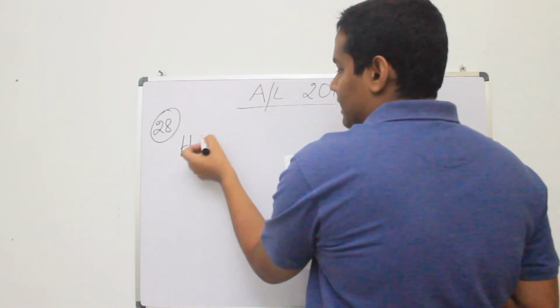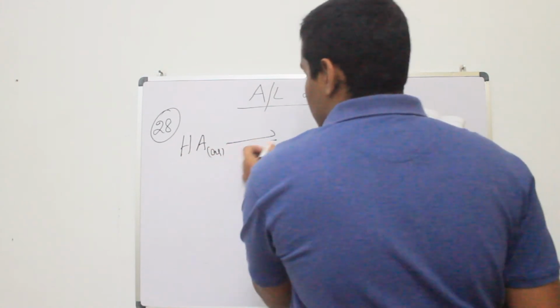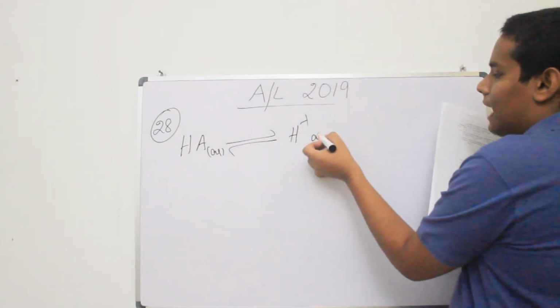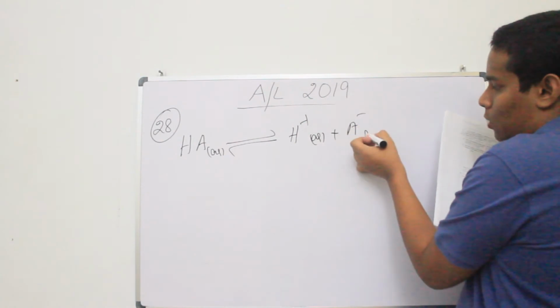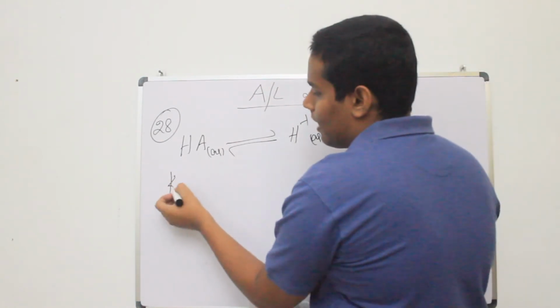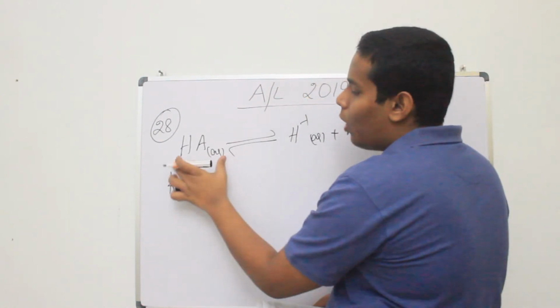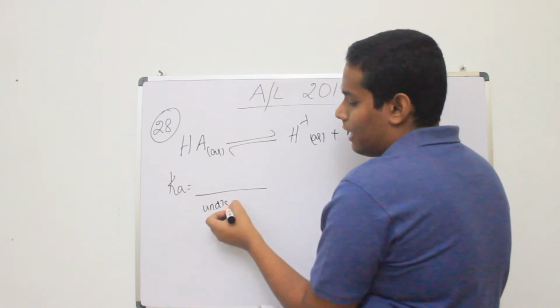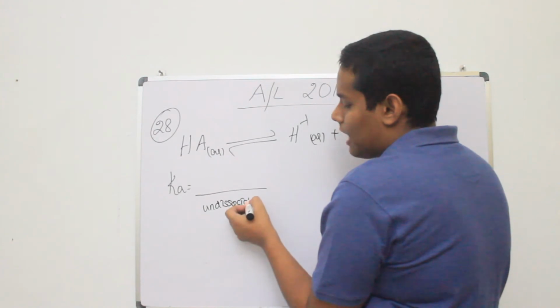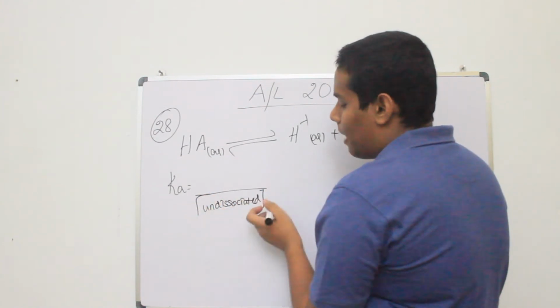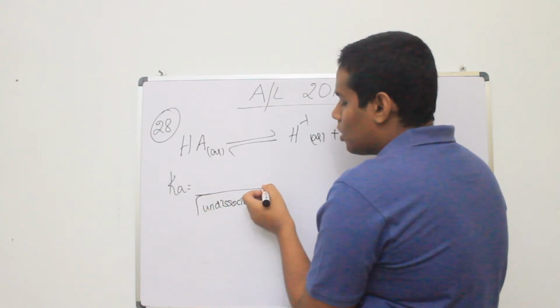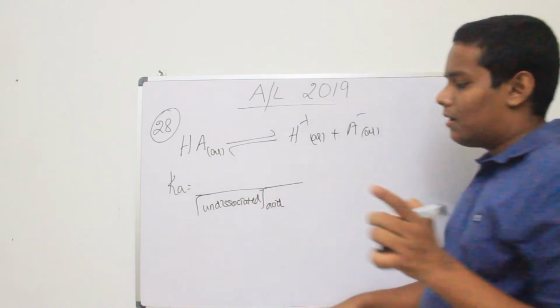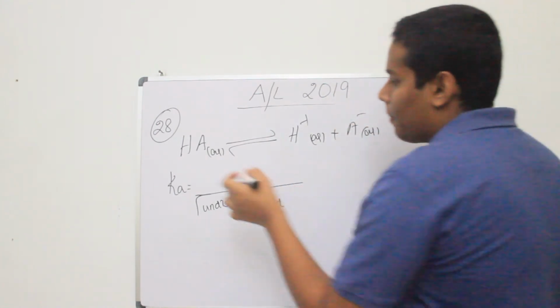HA aqueous giving you H plus aqueous plus A minus aqueous. So then Ka is equal to the undissociated acid amount.